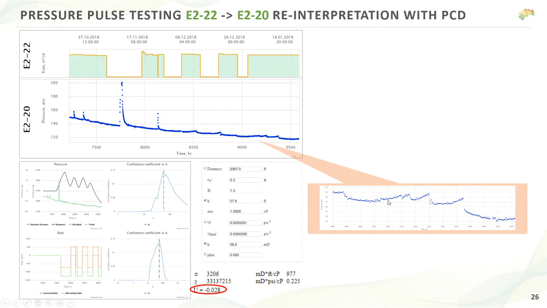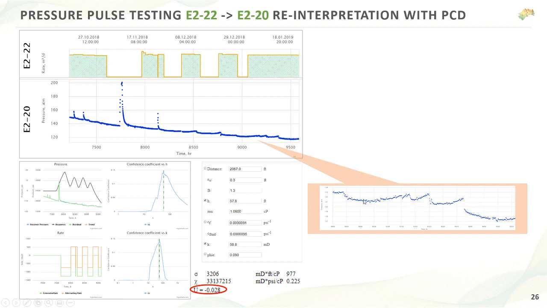You can see these periodic humps in pressure, which in our practice seem to be caused most probably by hydrates or maybe some paraffins which are depositing in some place, and then they are washed with the flow in the well, and then the pressure goes down again.